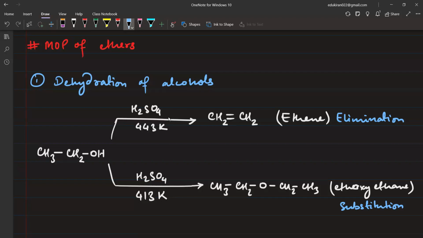So what you should remember here is how to remember the temperature. High temperature means it will be elimination. But if the temperature is 413, rather than remembering 413, what I suggest my students is to remember 414. The reason behind 414 is it is like ROR.